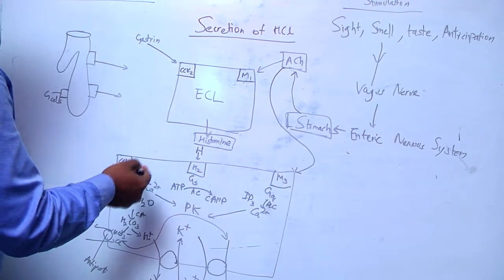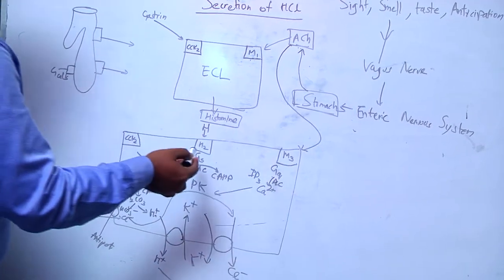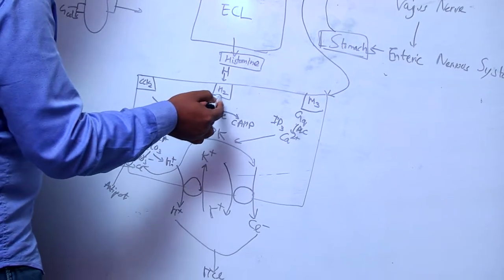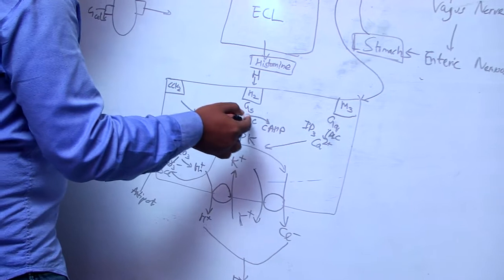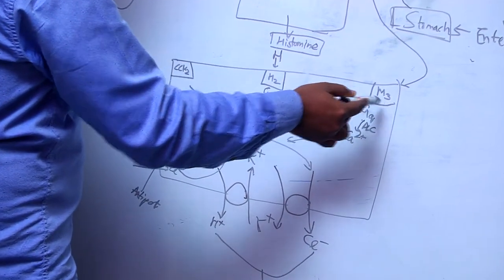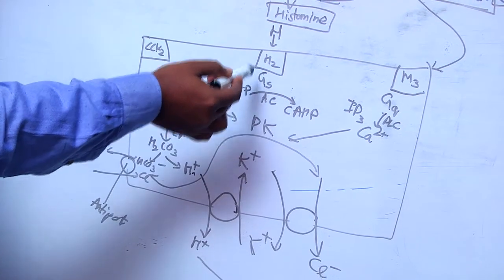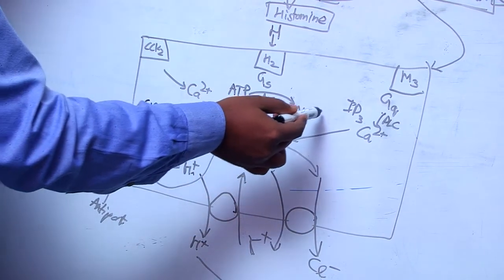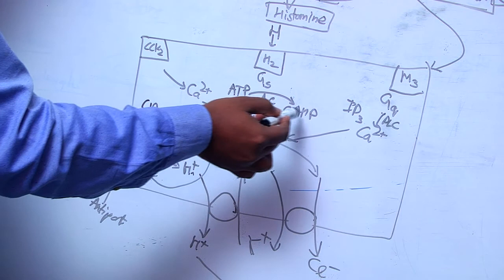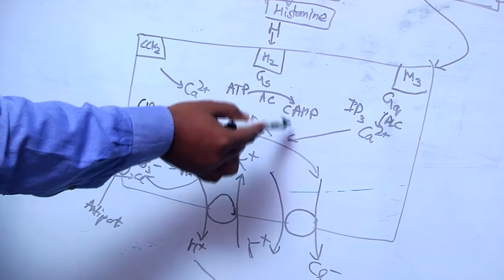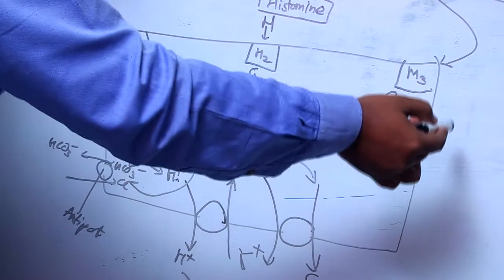This we should know, what kind of receptors all these are, to know in detail what each receptor does. So the H2 receptors are a GS type of receptor. M3 receptors are a GQ type of receptors. When GS receptors are activated, what happens? There is secretion of cyclic AMP. So at the end, there is activation of protein kinase because of the activation of all these receptors.